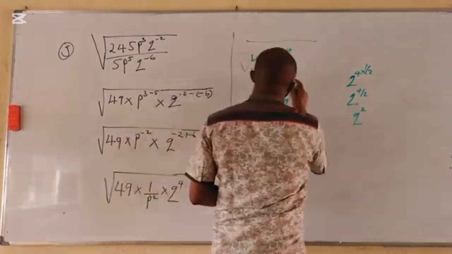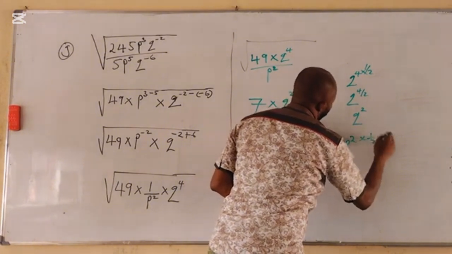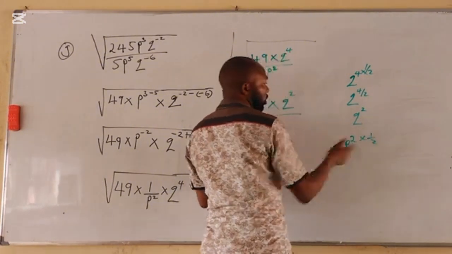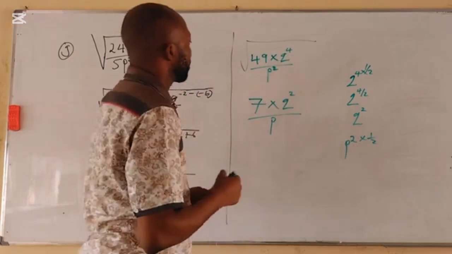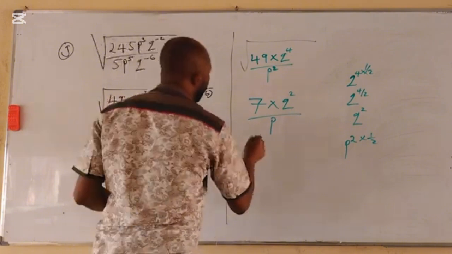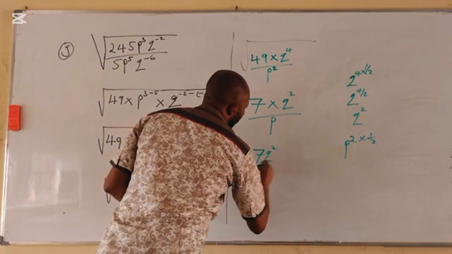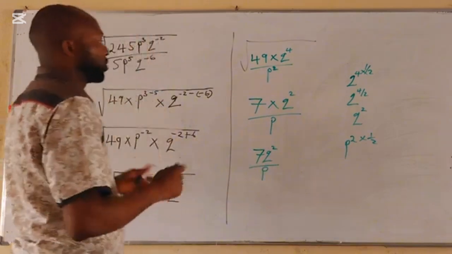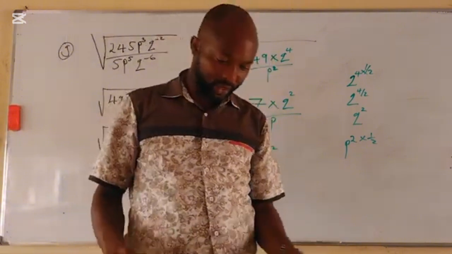Then for p squared, p raised to the power 2 times 1 over 2: 2 times 1 is 2, and 2 divided by 2 is 1. So this is p. In that sense, I now have 7q squared over p. So that's it. Let's take on something else.